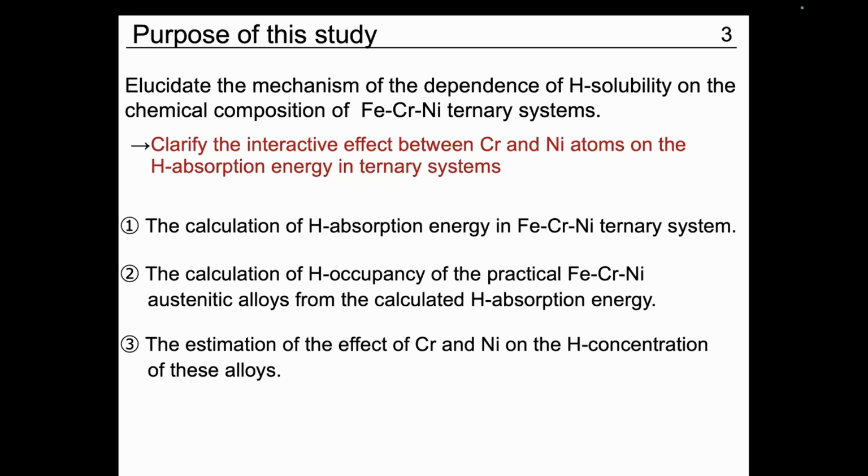First, we calculated hydrogen absorption energy in ternary systems, and next, we calculated hydrogen occupancy of the practical iron chromium nickel austenitic alloys using the calculated hydrogen absorption energy. And finally, we estimate the magnitude of the effect of chromium and nickel atoms on the actual hydrogen concentration of these alloys.